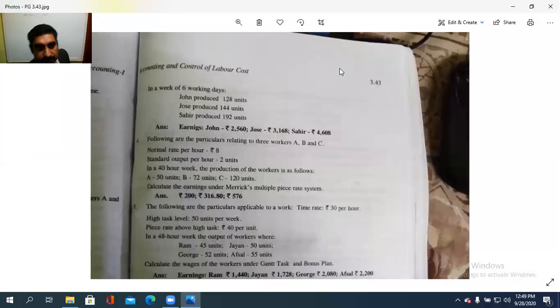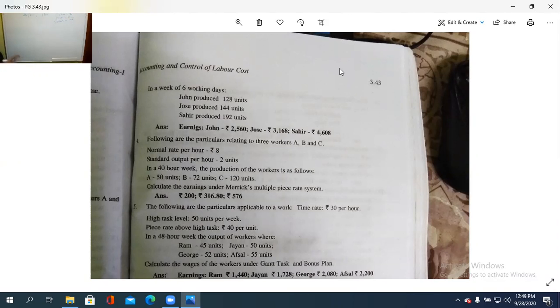In a week of 6 working days, John, Jos and Sahir produced 3 different variety or 3 different part of the units with regard to the output. So John produced 128, then Jos produced 144 and Sahir produced 192, isn't it?